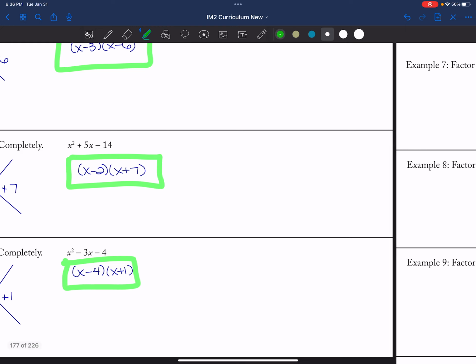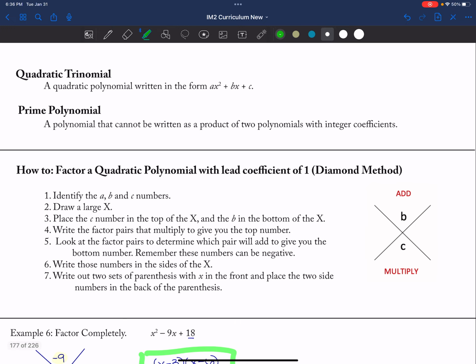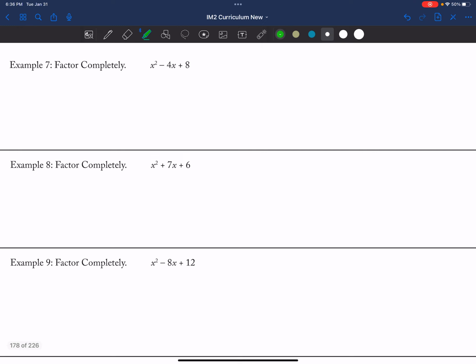Okay. More examples. These are not numbered correctly. That goes to 8, and then it goes back to 7. Okay. So, again, so weird. I will have to fix that for the future. So negative 4 and a positive 8. So 1 and 8, 2 and 4.